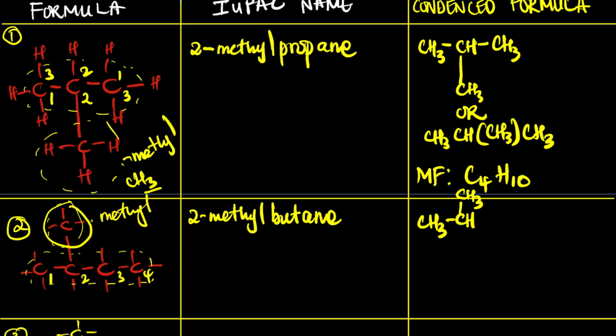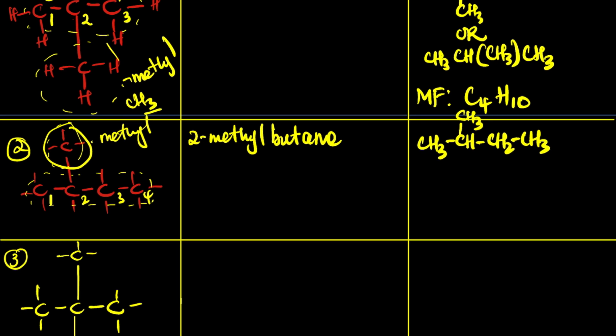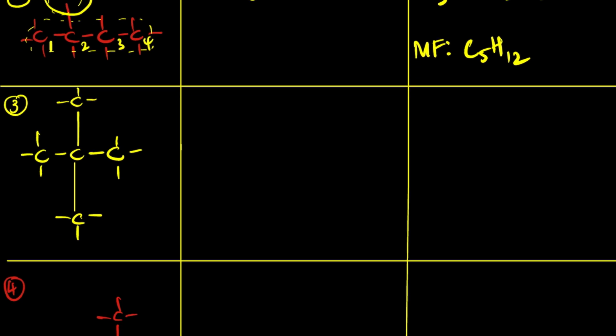And then there's a CH2 and the CH3. I hope I make sense. The molecular formula, it's gonna be what? How many carbons there? It's 5, and the hydrogens it's 3, 5, 6, 7, 8, 9, 10, 11, 12. So it's 12, right? Okay, let's go to the next one, guys.